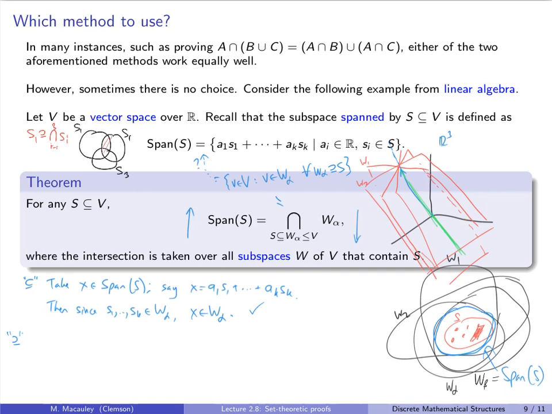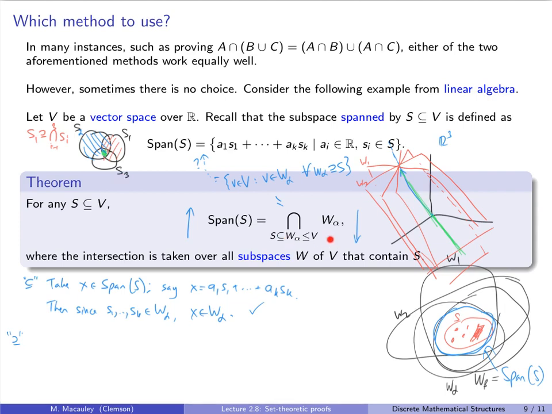S1 is this thing here, and the intersection is this little piece here. Similarly, I drew it. Let's call that S1 and call that one S2. S2 also contains the intersection, and obviously every individual SK contains the intersection.